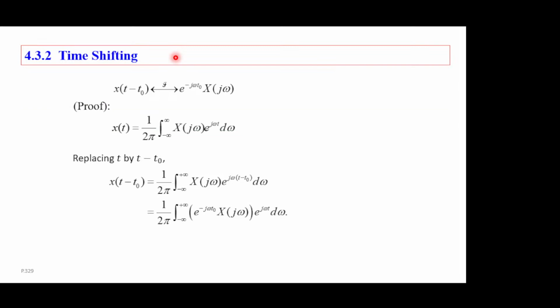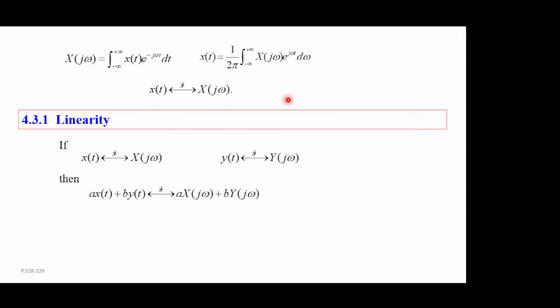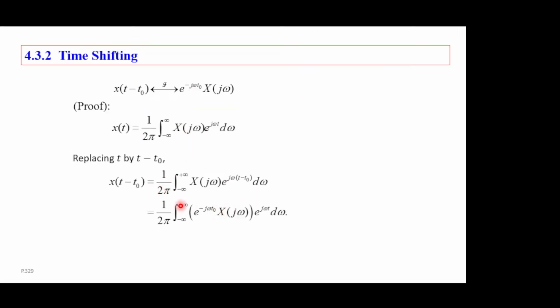Then we have time shifting. So what happens if you get a time shift on your small x? Small x becomes small x of t minus t0. Then we get e to the minus j omega t0 times big X of j omega. It's pretty straightforward. But here we cannot do it in reverse.